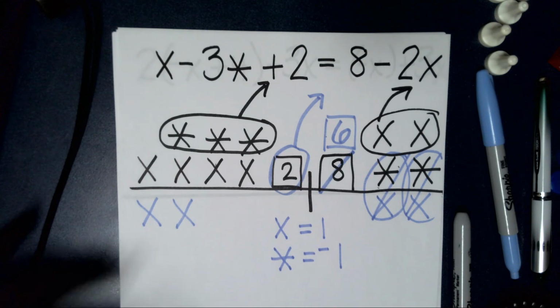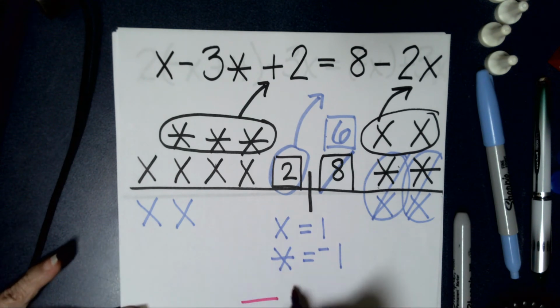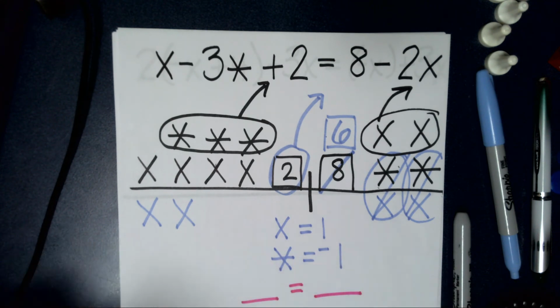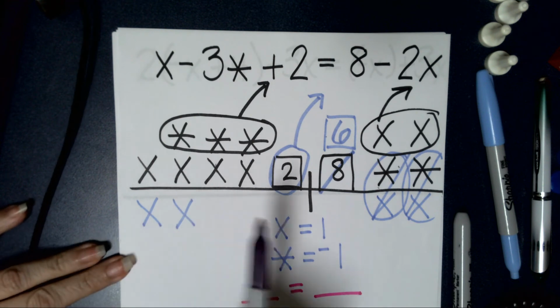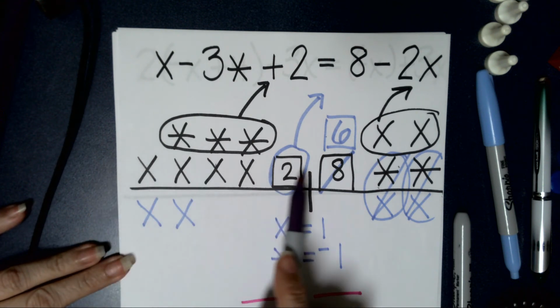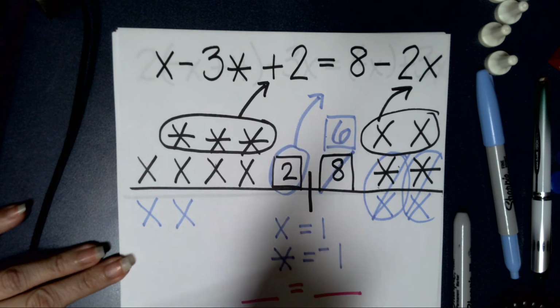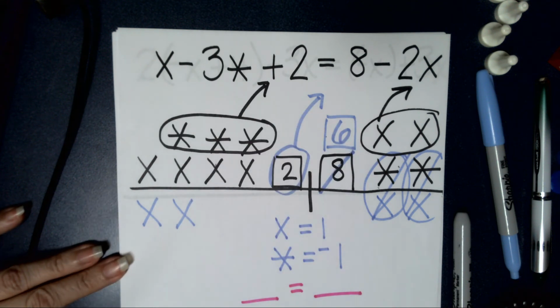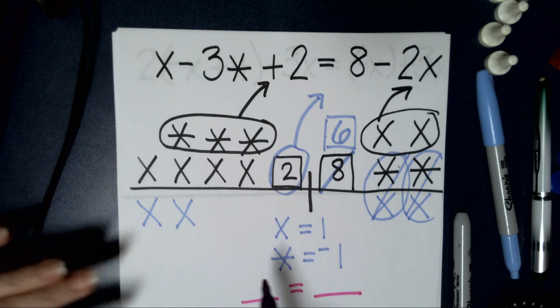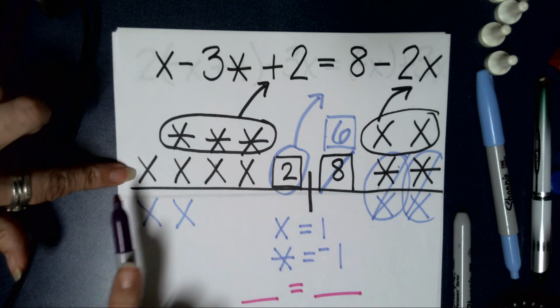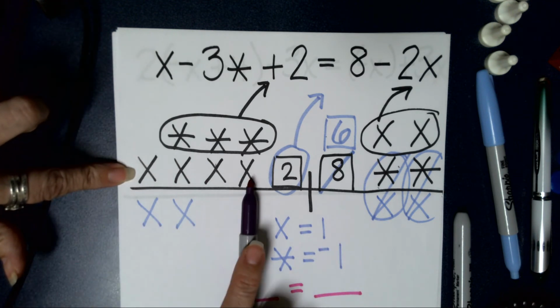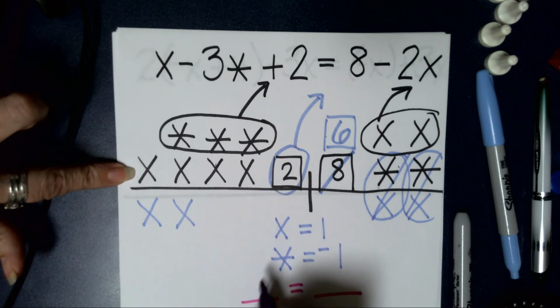And let's go back and do our check. Remember, our check is only going to be what was in black to start with, but nothing that has a circle around it. Those we took care of before we finished the setup. So if we know that X is equal to 1, we have 1, 2, 3, 4. 4 plus 2 is 6.